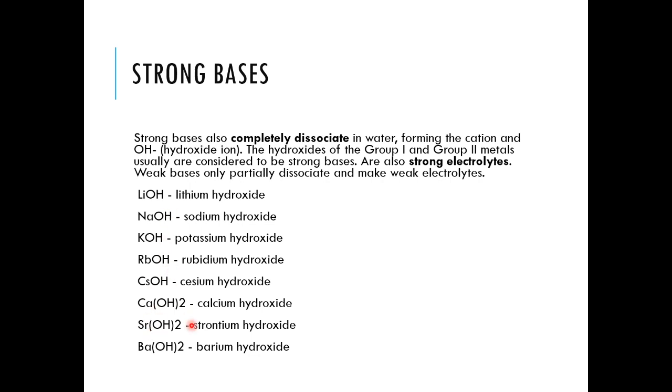Any group 1 or 2 hydroxides, generally speaking, are considered strong bases. Again, you're not going to have to distinguish a strong base from a weak base. Just understand what it means to be a strong acid or base, that it makes them good electrolytes, good conductors, and that it has nothing to do with the pH.